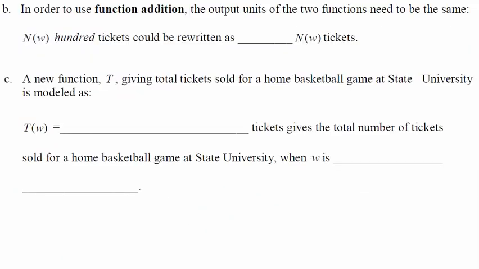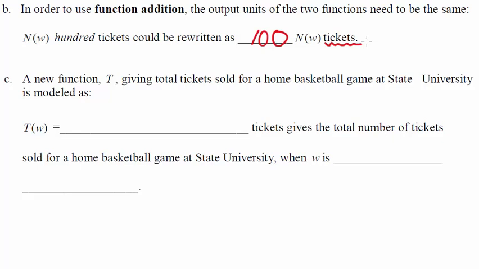All right, so in order to use function addition here, the output units must be the same. N of W is in hundreds of tickets. Well, to change this to just tickets, we're going to have to multiply this function by 100. So then my output units are just tickets.